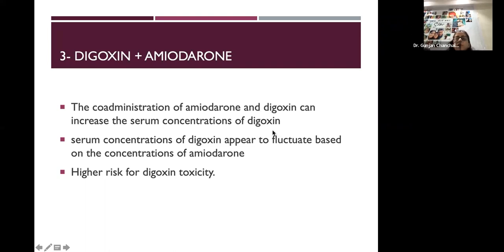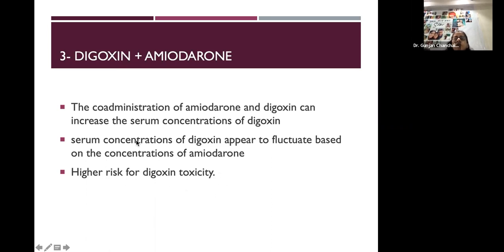We heard about the therapeutic index a few slides back. The serum concentration of digoxin will increase if we co-administer amiodarone, and digoxin has very lethal toxicity, so this will give a higher risk of digoxin toxicity.